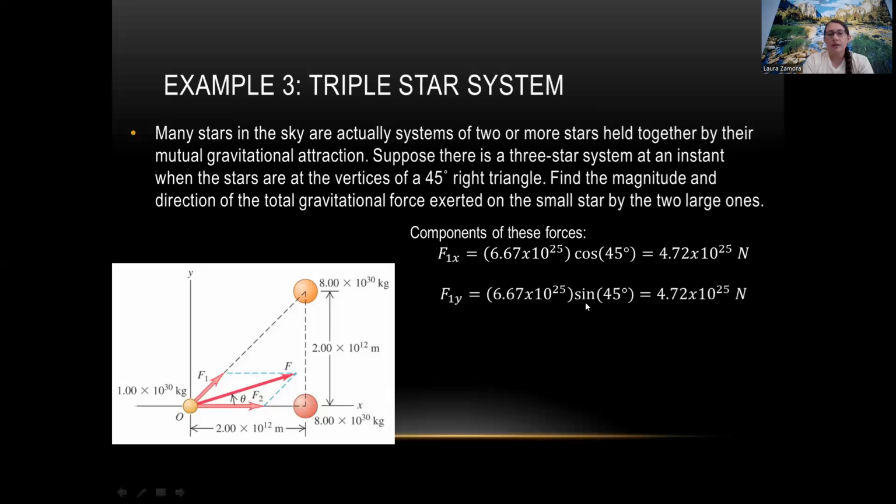And the y component would be that force times the sine of our angle. Since it's a 45-degree angle, the cosine of 45 and the sine of 45 are the same value. So we end up with the same value for both components. Force 2 is only in the x direction. So all of that force of gravity from the red star is pulling horizontally. There is no y component to consider.